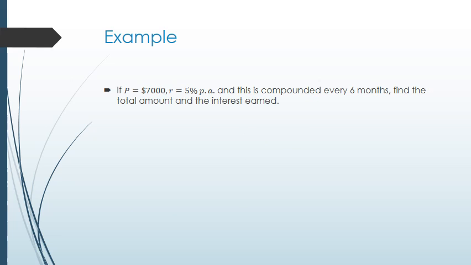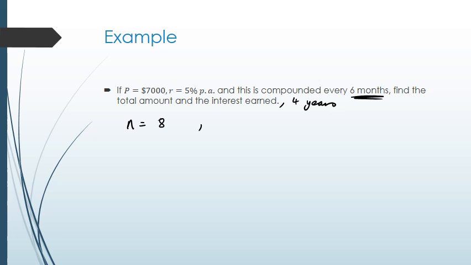All right, now on this example, same amount of time, which is 4 years. However, see how that says 6 months? That means the number of compounding periods has doubled, because every 6 months for 4 years means it happens 8 times, because it doubles the amount of times it happens per year.